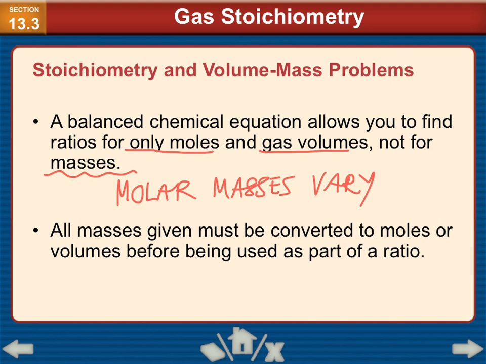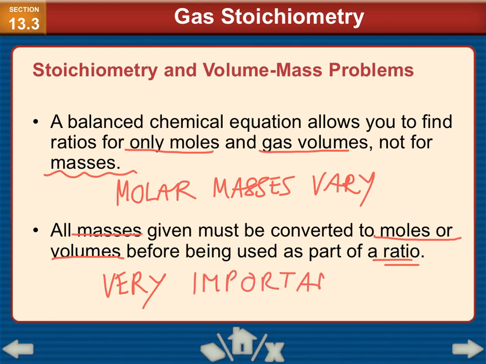So if you're given a problem with masses, they must all be converted to moles or volumes before you can use them as part of a ratio. This is a very important idea. And you'll see how this plays out in the problems ahead.